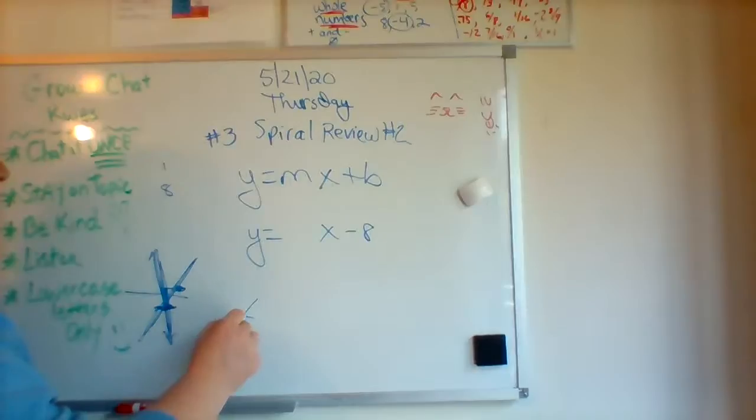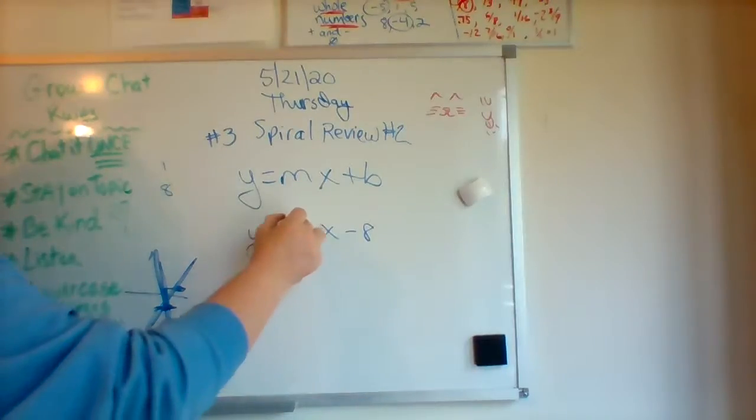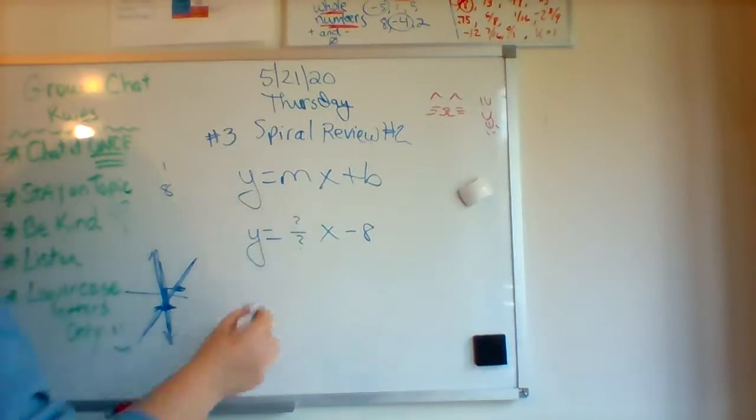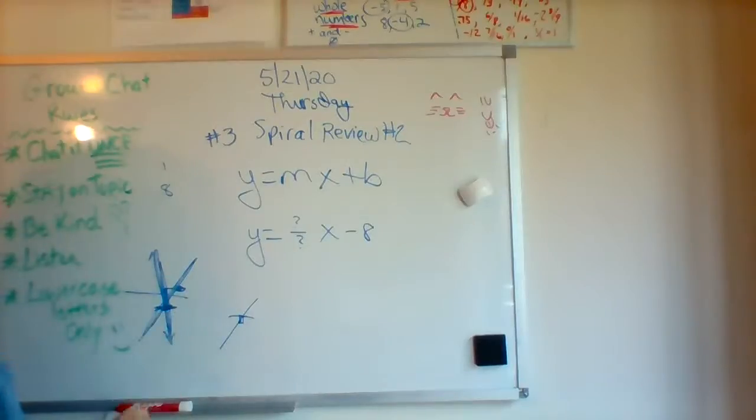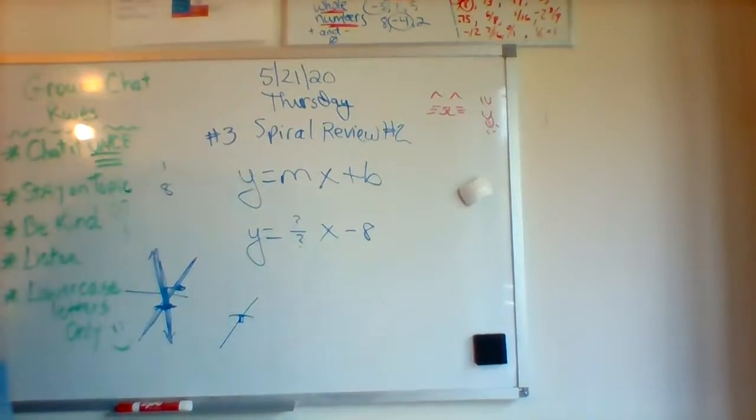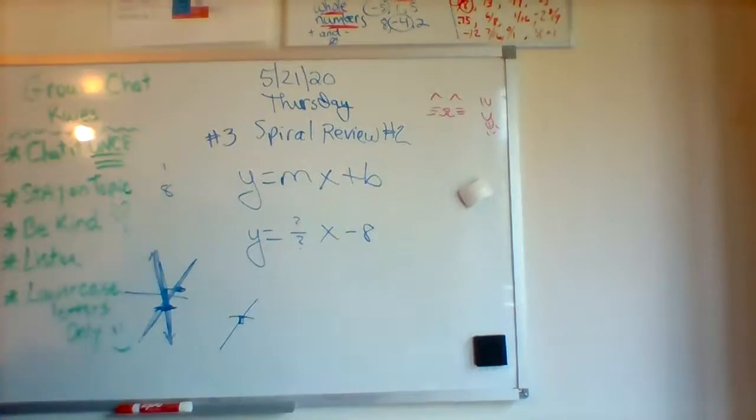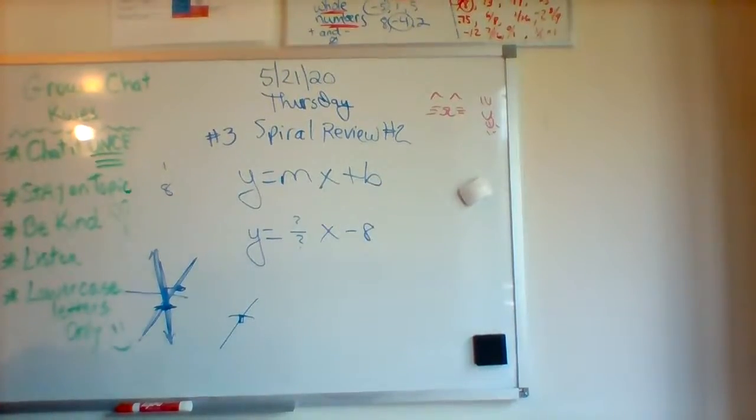Count how many up and how many over from one point to the next, and tell me what you get. Corner to corner. How many up, how many over to the corner?